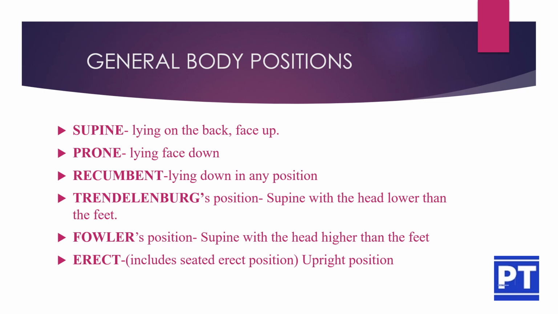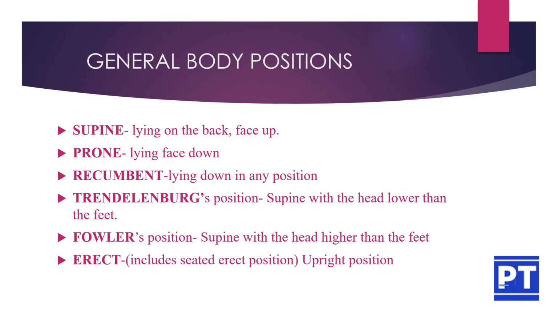Again we are moving on to the general body positions. First one is the supine. When the patient is lying on the back, face up, it is known as the supine position. When the patient is lying with the face down, it is known as the prone position. When the patient is lying down in any position, it is known as the recumbent position.